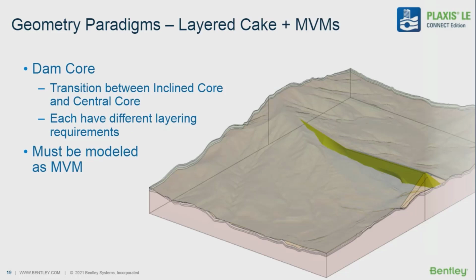What we can add in building 3D models is the use of this combined scenario. So layered cake plus material volume meshes. As in this example here, we see the dam core, and there's a transition between inclined core and central core. So each of them has different layer requirements. And as I mentioned, in terms of complexity of representing this, we may avoid having to build it as a layered cake, okay?